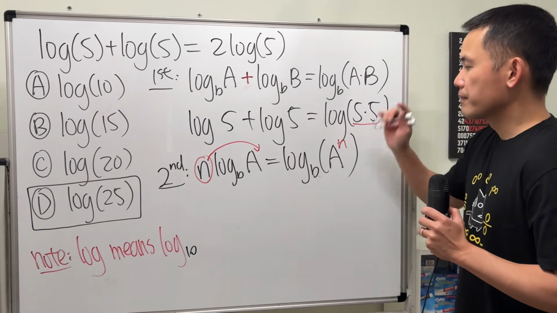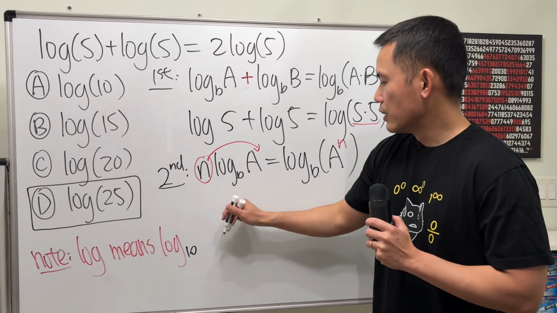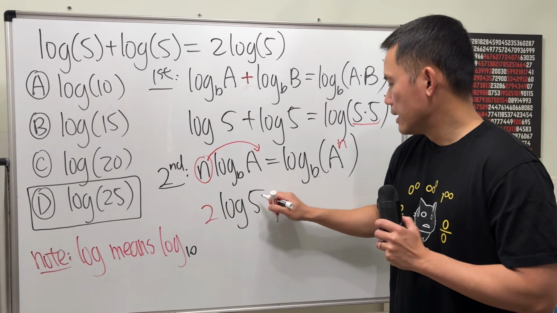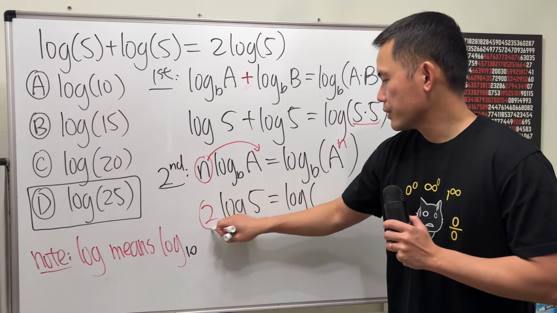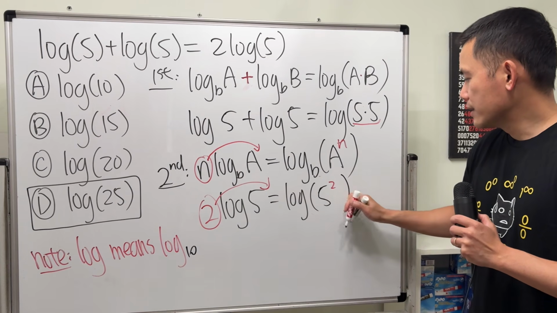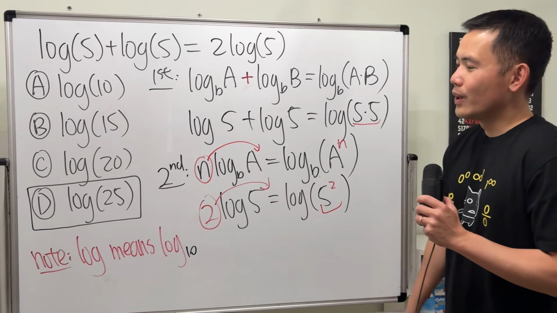It's not the whole thing. So if you look at this, of course, we can just look at 2 log of 5 as log of, put the 2 to here, and then you will have 5 to the 2nd power. And once again, this will give you 25. So one way or the other.